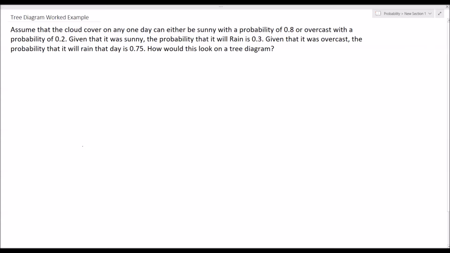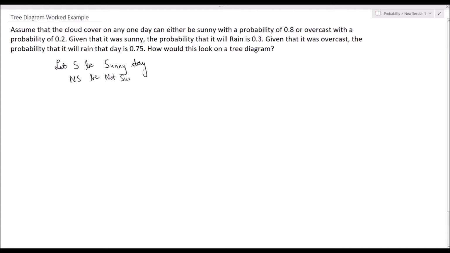So firstly, let's start off with the notations that we're going to make use of. The first one is we'll let S be sunny. So S is the symbol that we're going to use to represent a sunny day. And for the sake of convenience, we will let NS be not sunny.